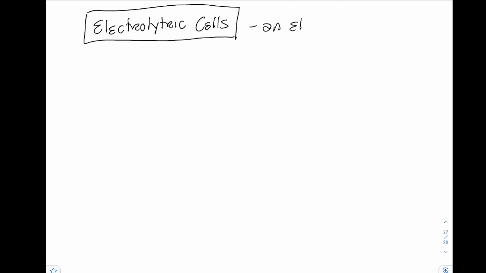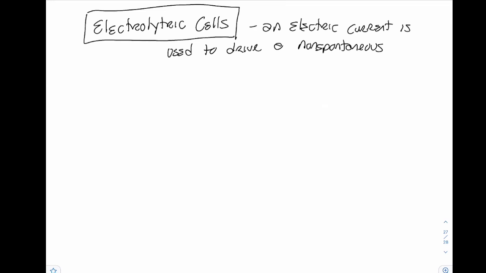An electric current is used to drive a non-spontaneous reaction. So again, it's the reverse process of a galvanic cell, right?